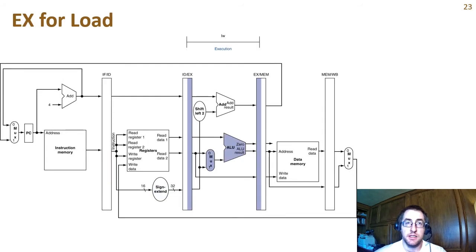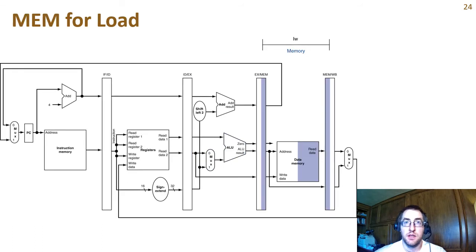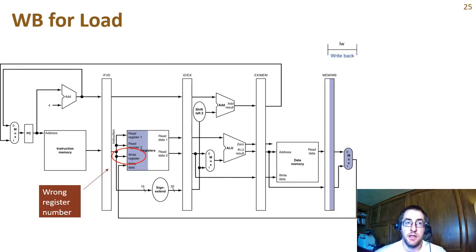In the execute stage, the effective address gets calculated. In the memory stage, the load actually happens, and then in the write back stage, we're going to write the value back. But if we just took the write register index that was in our original single cycle design without taking into consideration the pipelining, then we would actually be writing into the write register specified by whatever instruction is 3 cycles after the load word.